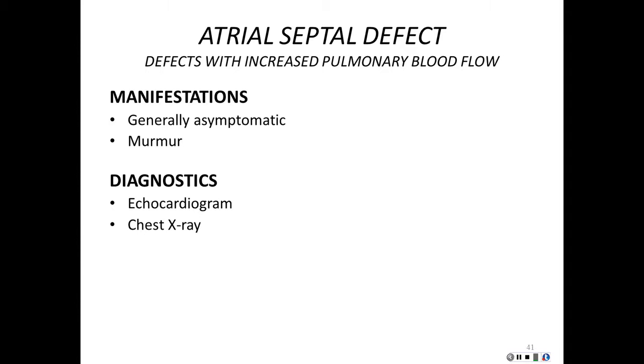The other thing you may hear is a very widely split second heart sound. This is very diagnostic, and it's related to an increased blood flow causing the pulmonic valve to close later than the aortic valve. It's not affected by respirations. If you get an echocardiogram on these children, which is one of the major diagnostic tests that we're going to look at, you want to get one with color flow Dopplers, and it may show enlargement of the right side of the heart and the pulmonary circulation.